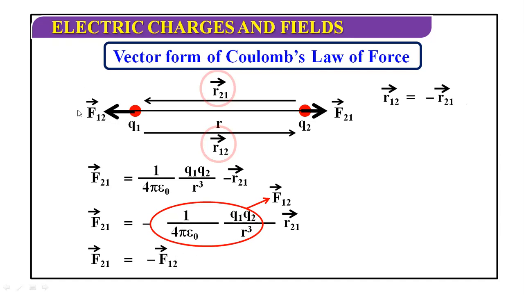You see F12 is left handed, moving to the left side, and F21 is right handed, moving to the right side. So what is the meaning of that? Both the charges are like charges, they are repelling each other. So this was the Coulomb law in vector form for two like charges.